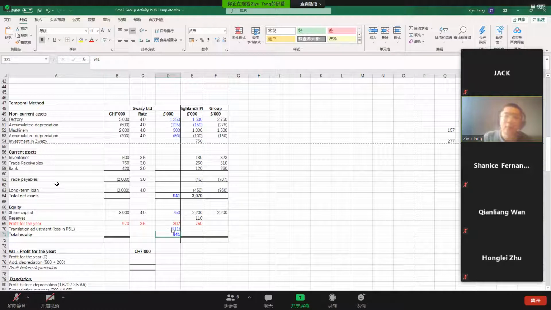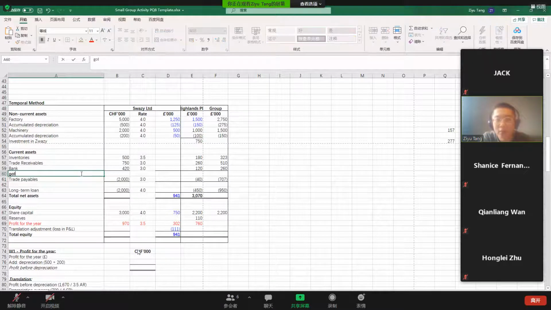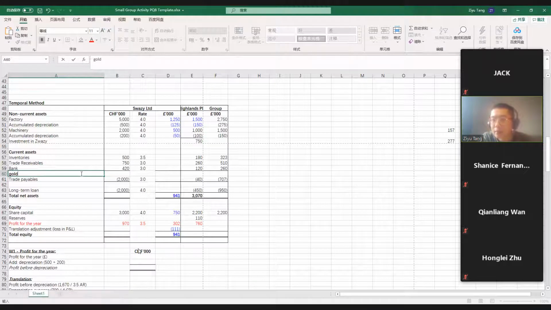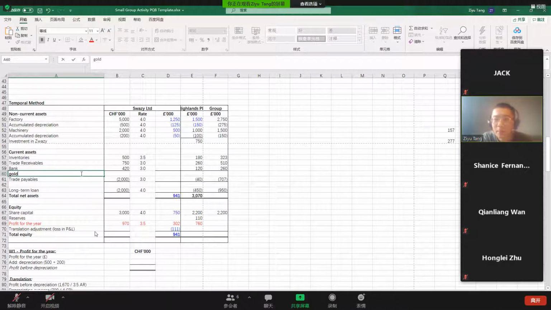For example, let me give you an example. If in current assets, we have a specific item that is gold, should it belong to the monetary asset or non-monetary asset? Anyone tell me?